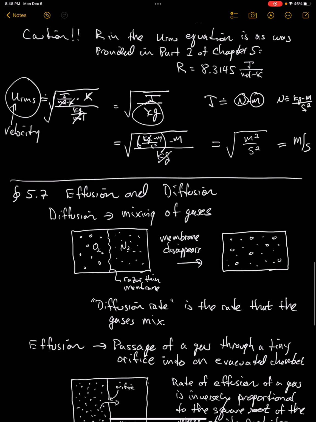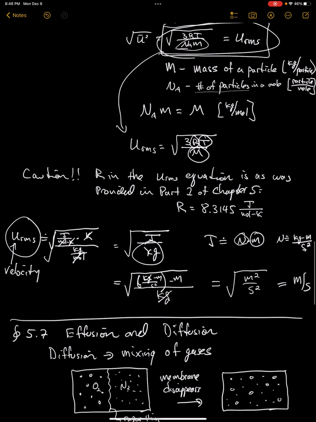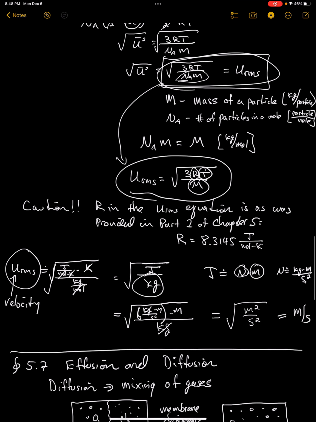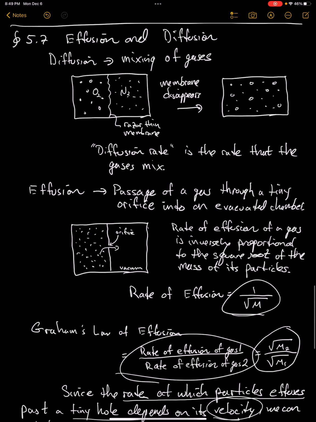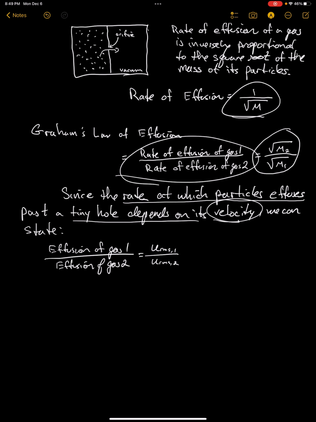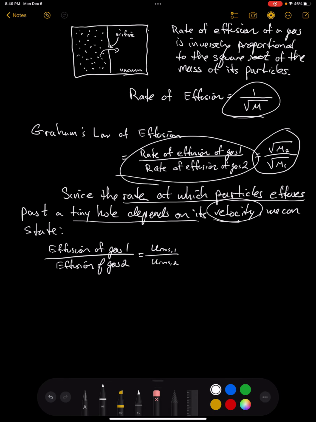Well, based on our previous definition of root mean square from our previous section, root mean square is the square root of 3RT divided by the molar mass. And so we can show that this is equal to the square root of 3RT divided by big M1, the molar mass of species 1, and then URMS2 is equal to the square root of 3RT divided by the molar mass big M2.